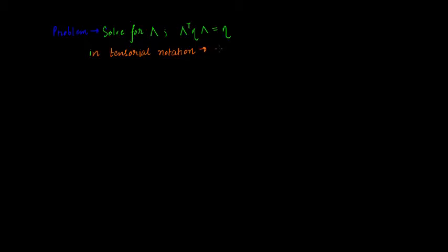So you can write down lambda, that's what Carroll has used, lambda mu prime rho, lambda nu prime sigma, eta mu prime nu prime. So that's the tensorial notation. We are just looking for such kinds of lambda.